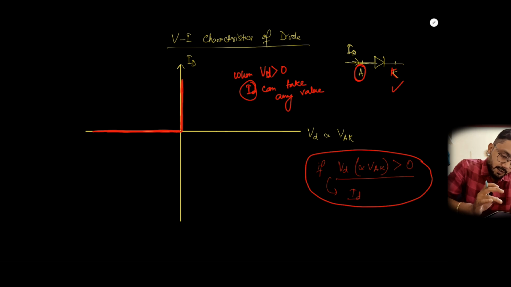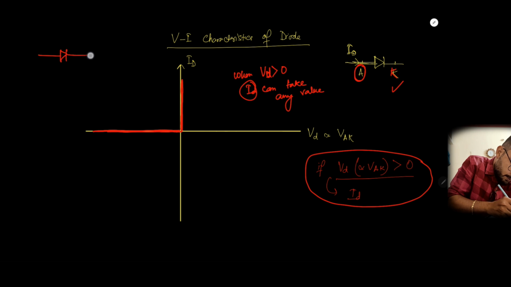But this characteristic is not yet complete. So why not complete? See, suppose this is a diode and you applied a voltage like this.